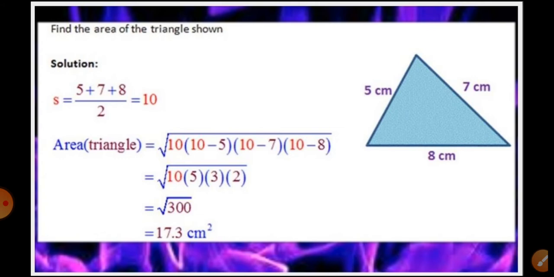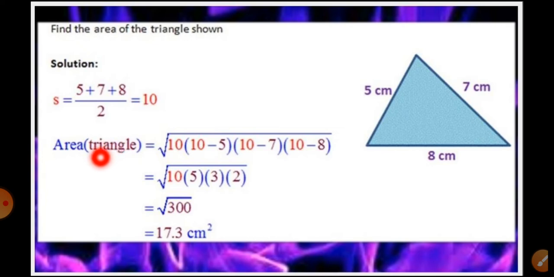Next, another question. Find the area of the triangle shown. This is a triangle. One side a is 5 centimeters, b is 7 centimeters and c is 8 centimeters. So, the semi-perimeter s is equal to 5 plus 7 plus 8 divided by 2, the answer becomes 10.